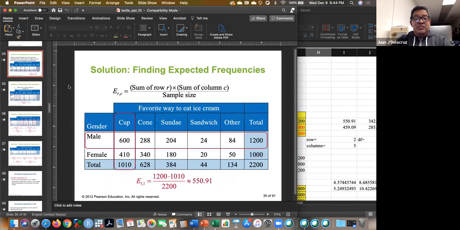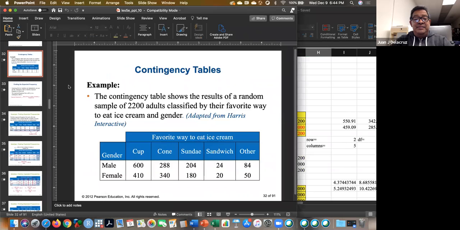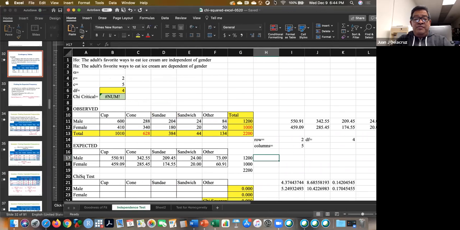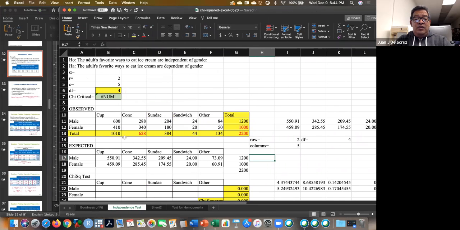I need to work more. As I said before, in this case, we find the total of the columns, then the total of the rows, and then the grand total. I just need to confirm in the expected that my values are correct and matching this.